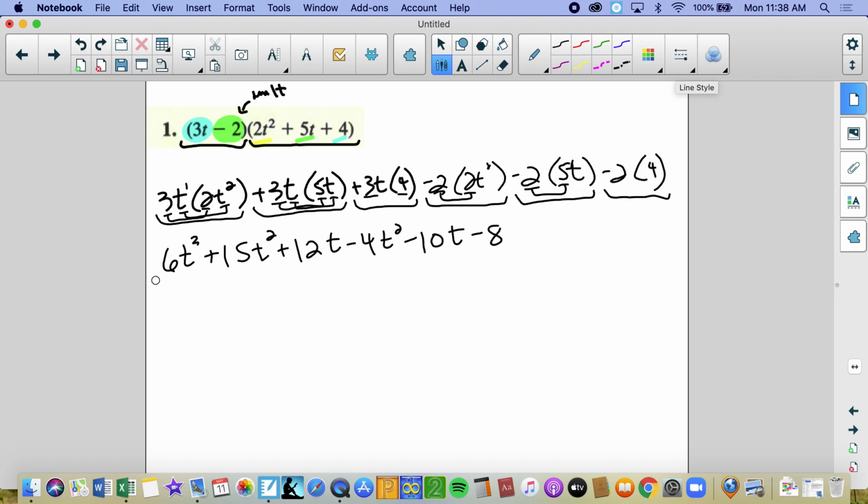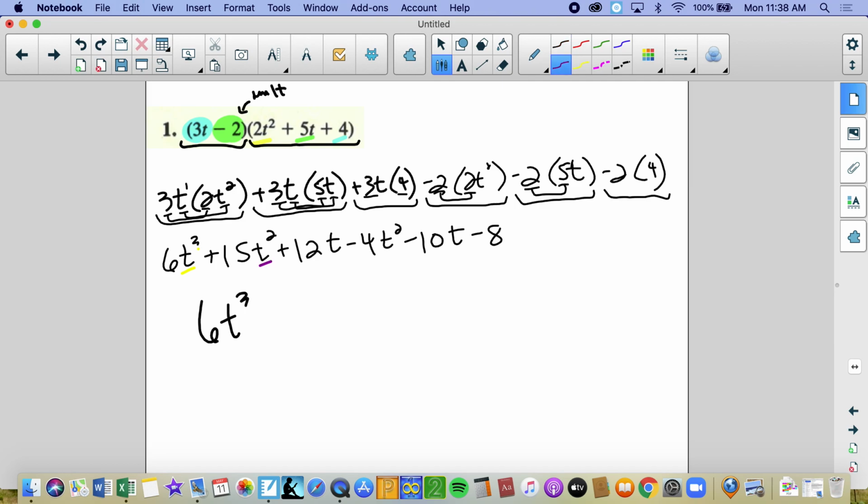So we have to find like terms. Like terms have two things in common. They have the same variable to the same exponent. So is there another term here that has a t to the third? No. So it doesn't have a like pair or a common term. So we're going to just write that. And now we look at our next term, which is t squared.